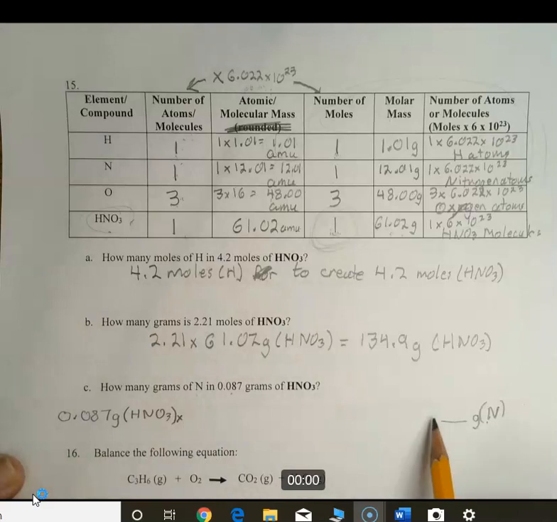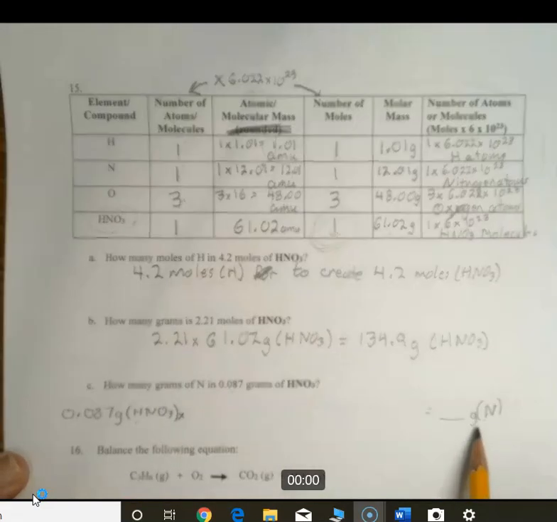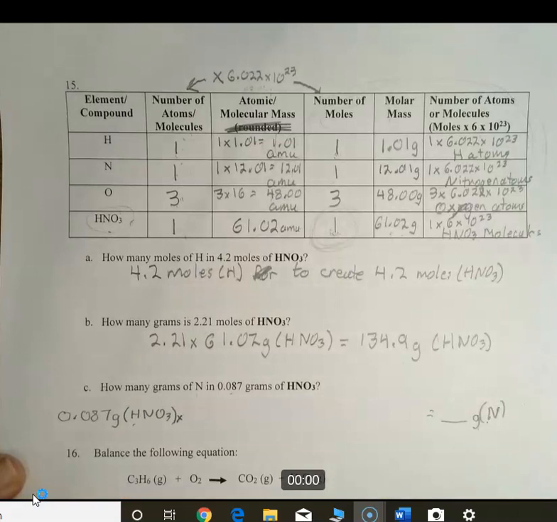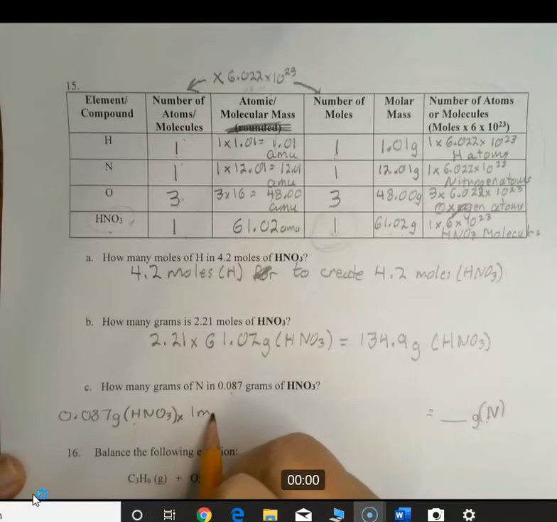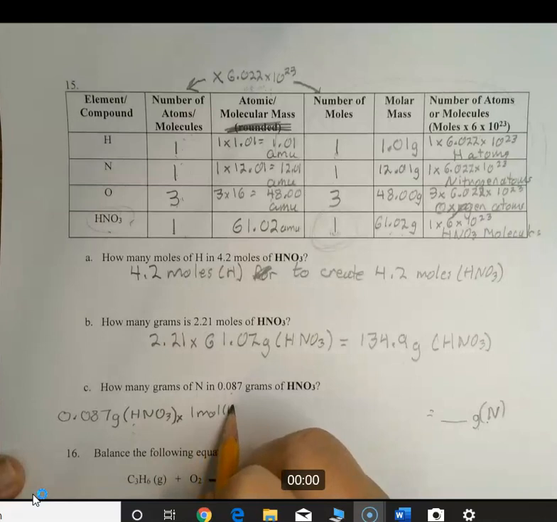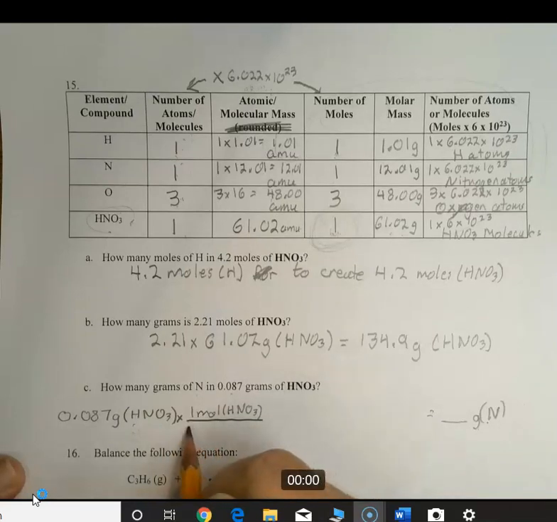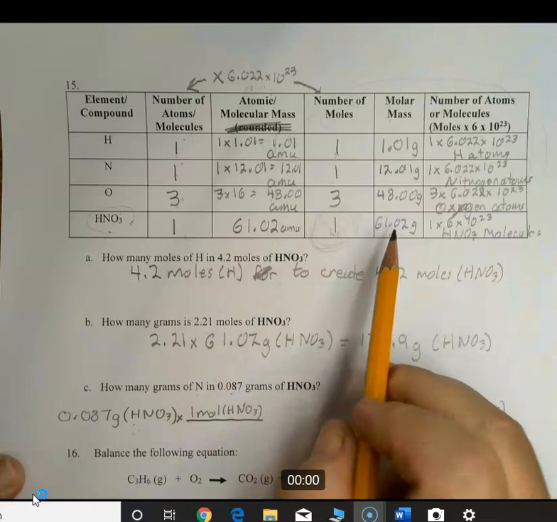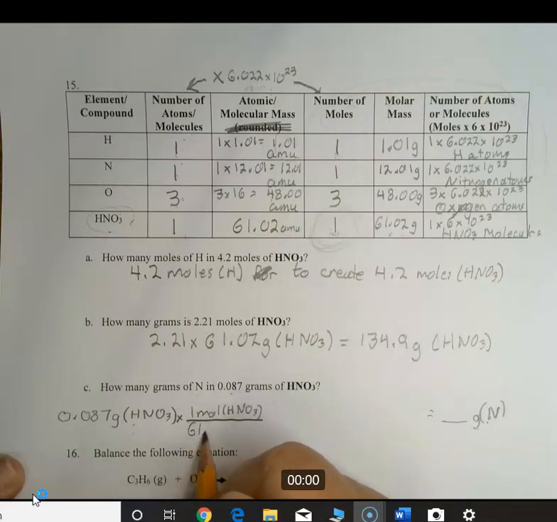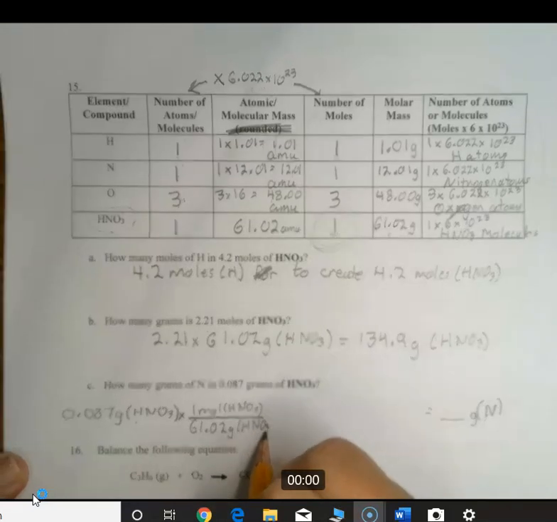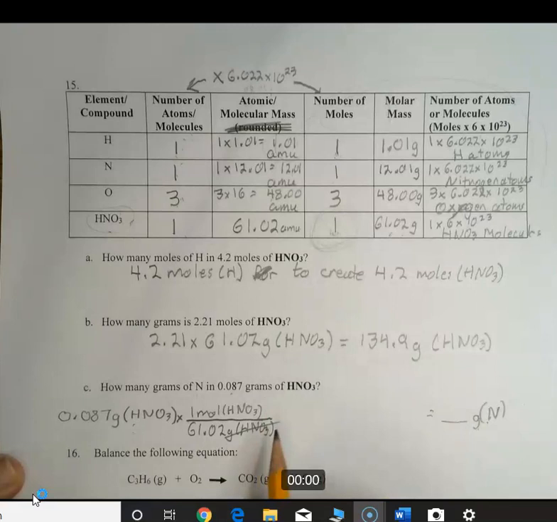Okay, now we have to build a bridge to get from grams of HNO3 to grams of nitrogen. So we've got to make this cancel out. So we're going to do a molar mass conversion. So 1 mole, hopefully this comes back to you. That's the idea of going through this multiple times over months and months. 1 mole of HNO3 equals 61.02 grams of HNO3. So grams of HNO3 cancels.